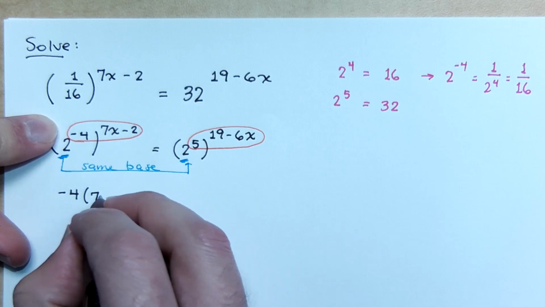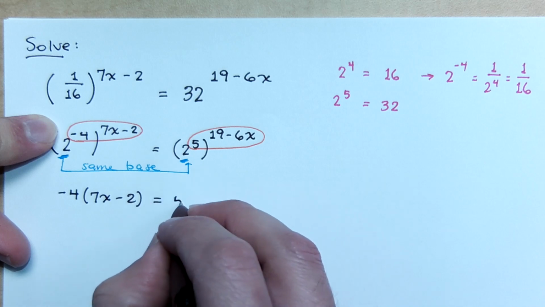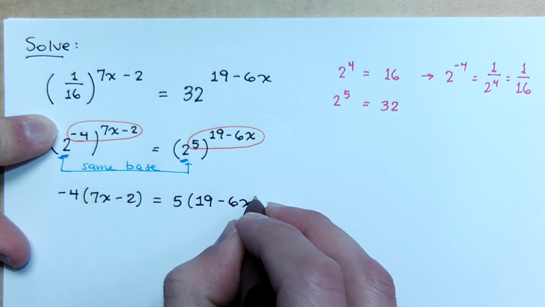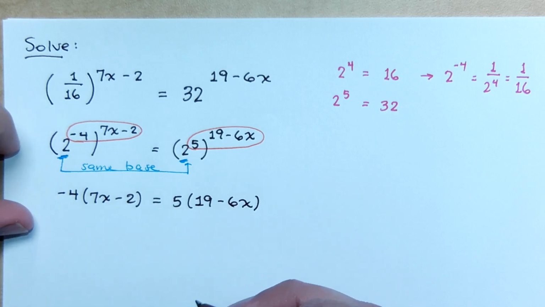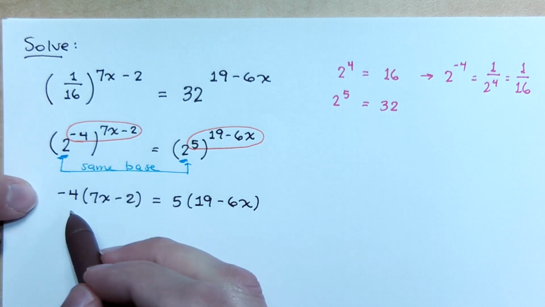Negative 4 times 7x minus 2 on the left equals 5 times 19 minus 6x on the right. Okay. So you might think that I'm skipping a step here. I know that since I have the same base, we're not going to worry about that, we're just going to worry about the powers. And we also know that powers to powers will multiply like this.